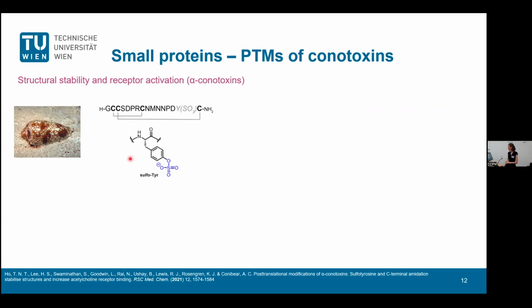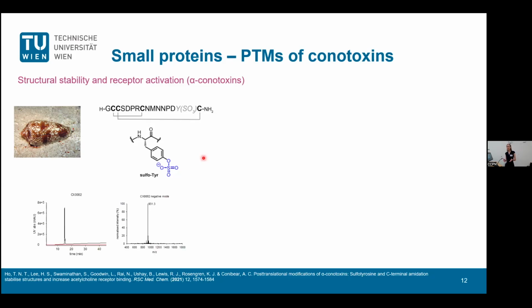This is just one example. It has two disulfide bonds, a C-terminal amide, and a tyrosine sulfation. So if you consider the length of it, 17 residues, and already 1, 2, 3, 4 modifications, this is a fairly highly modified peptide. It would be difficult to produce recombinantly, so we made it synthetically.